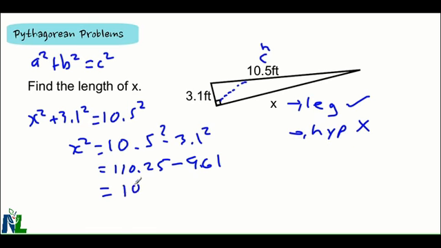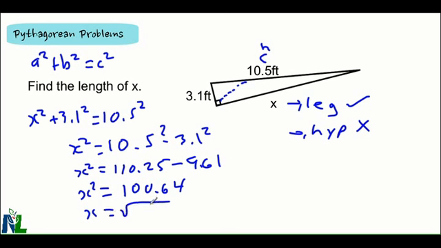So it was 100.64. Okay, so that's what x squared is equal to. So remember, to find x, 100.64 would represent the square on that side here. So what I want to do here is find the square root.